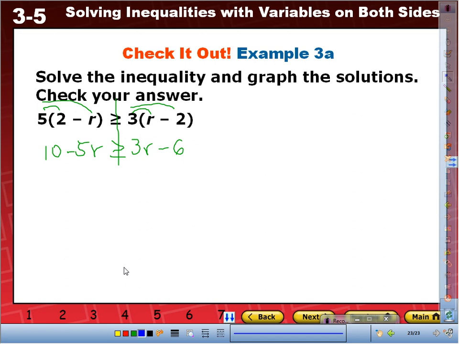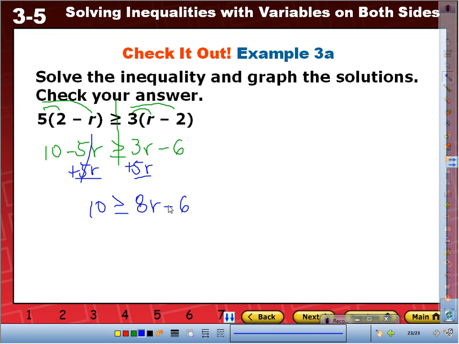If I have a positive and a negative, the smallest is the negative, so this is negative 5r. Think about it: if you place a positive number and a negative number on the number line, which is the smallest one? The negative number. So I add 5r, add 5r. We're left with 10 greater than or equal to 8r minus 6.